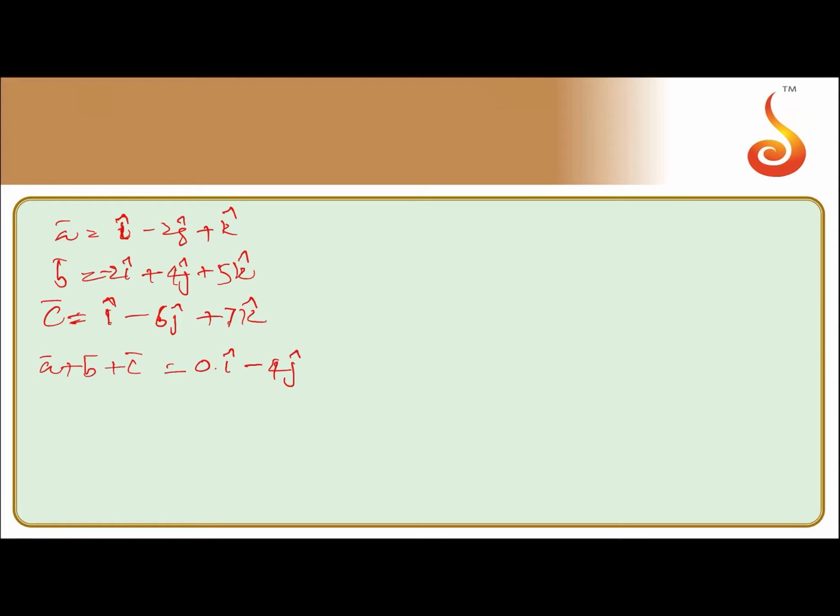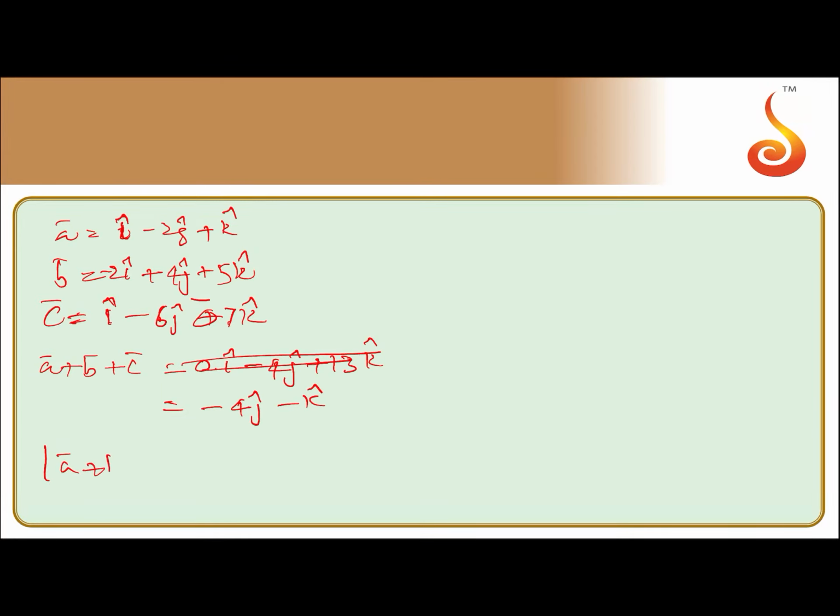For k, minus 7 plus 1 plus 5, minus 7 plus 6, it is minus k. So a plus b plus c is equal to minus 4j minus k.